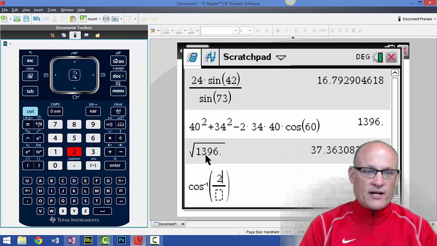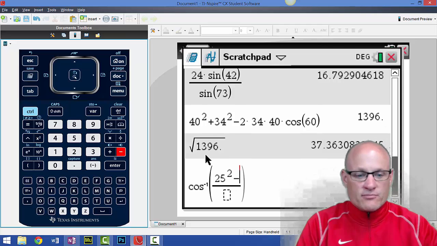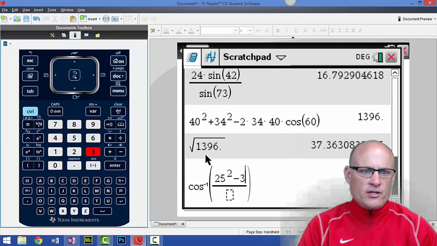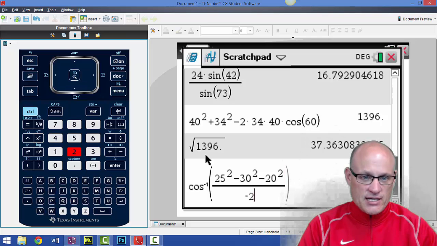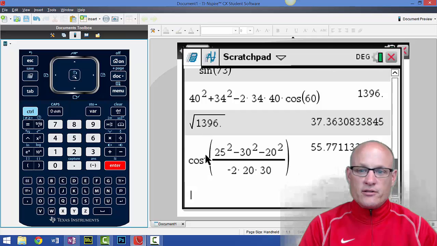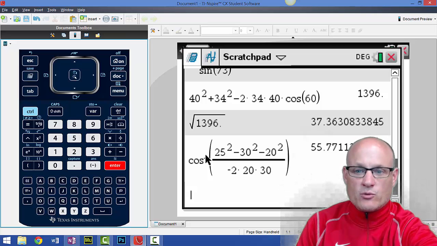So it was 25 squared minus 30 squared minus 20 squared, all over negative 2 times 20 times 30. And you get 55.771133.